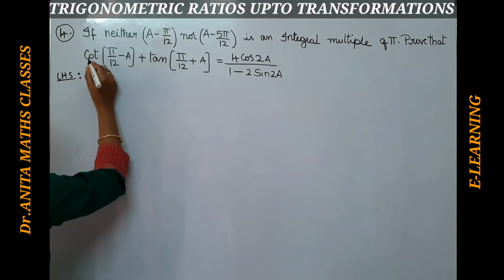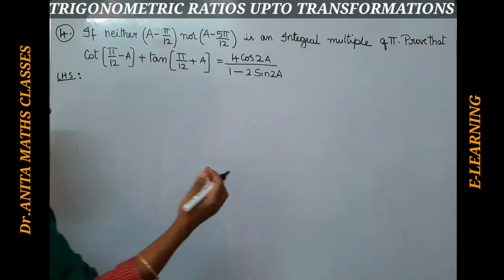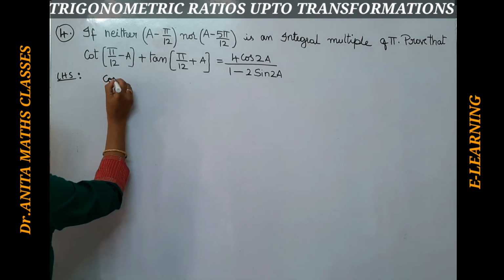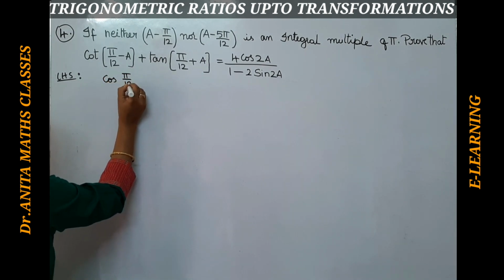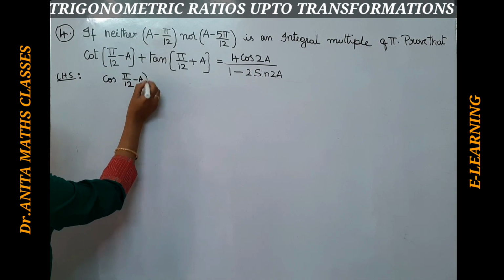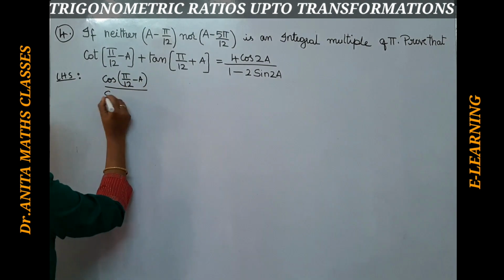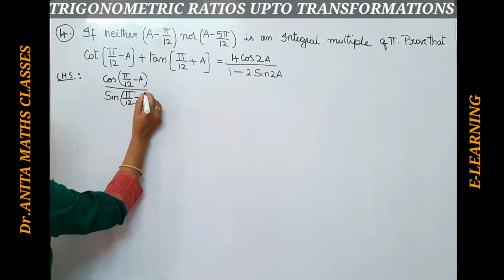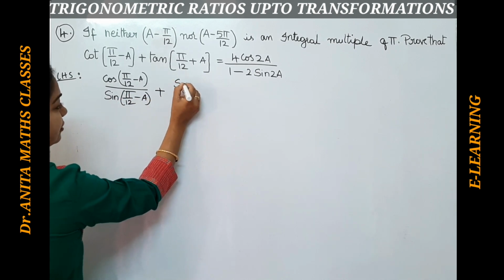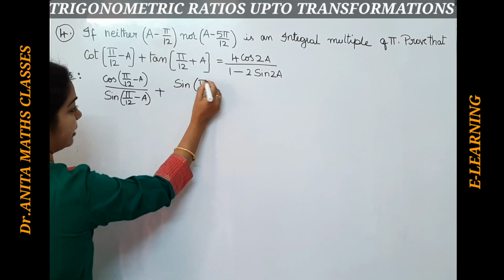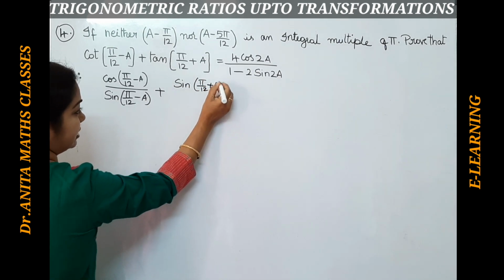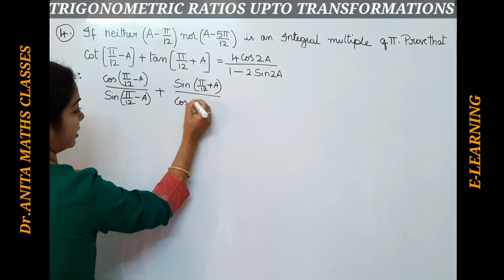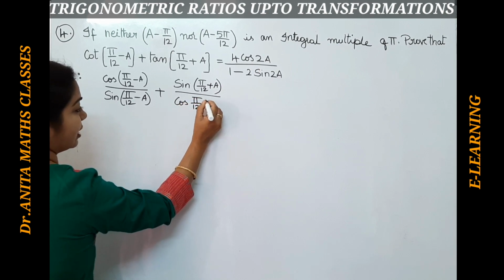If you are starting with LHS, this is cot and tan, we will change it into cos and sin. So cos(pi by 12 minus a) divided by sin(pi by 12 minus a) plus sin(pi by 12 plus a) by cos(pi by 12 plus a). Now what is pi by 12?